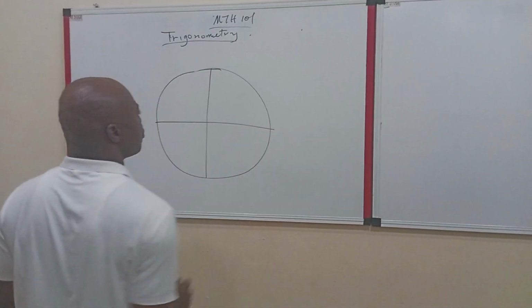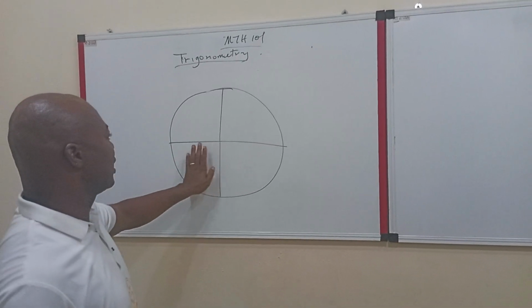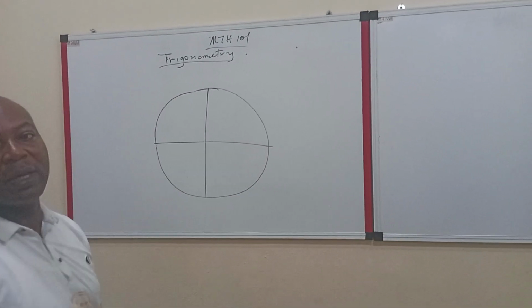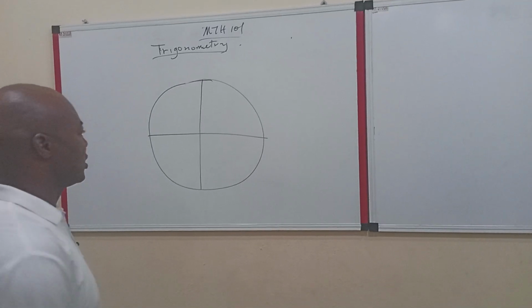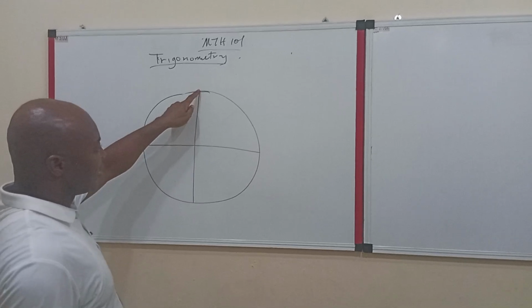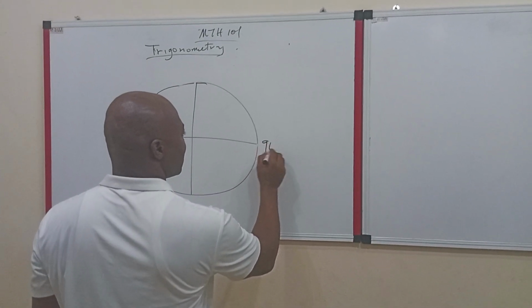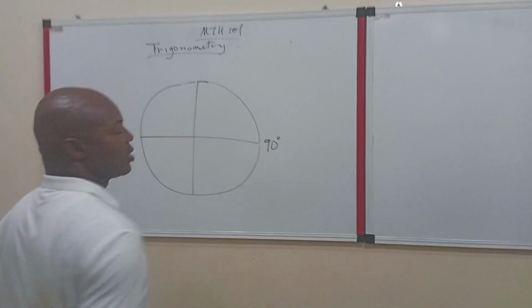If we divide it this way, here will be 90, here will be 90, here will be 90, here will be 90, making 360 degrees. A movement from here to here, in terms of degrees, is 90 degrees.